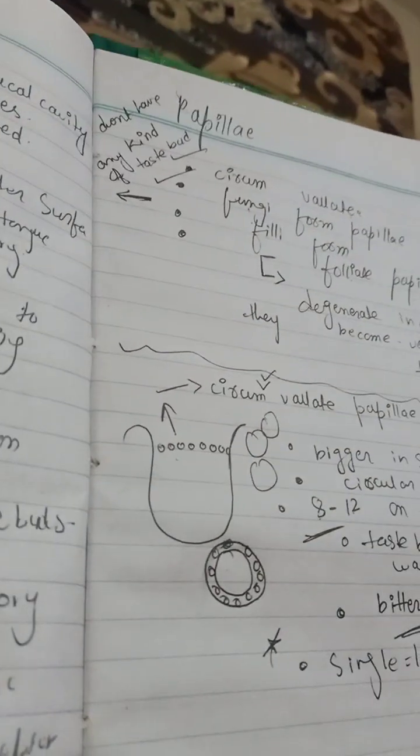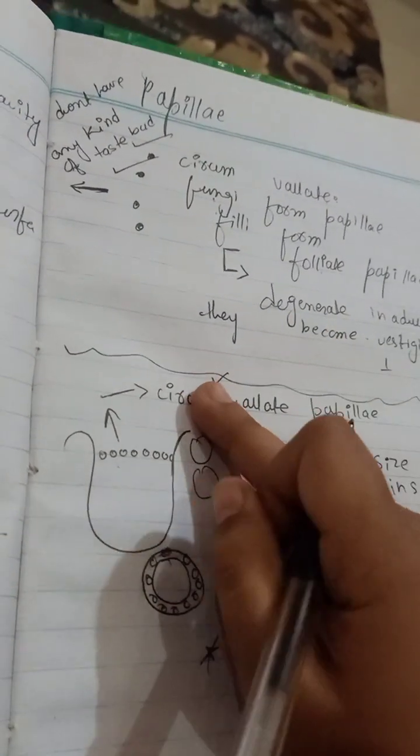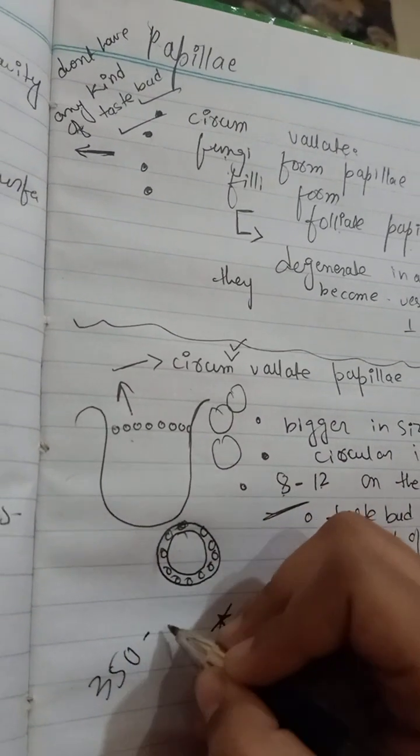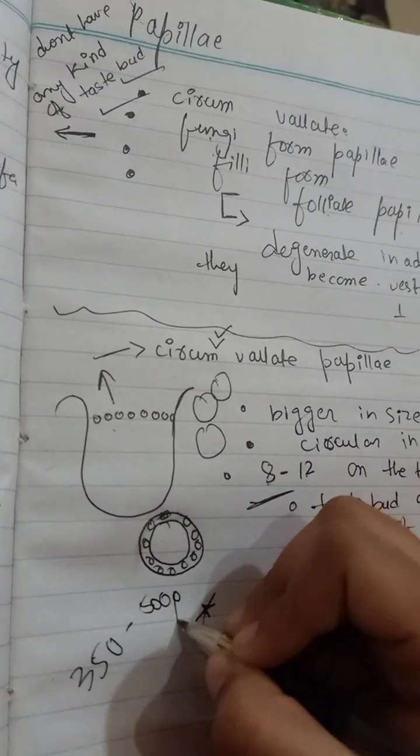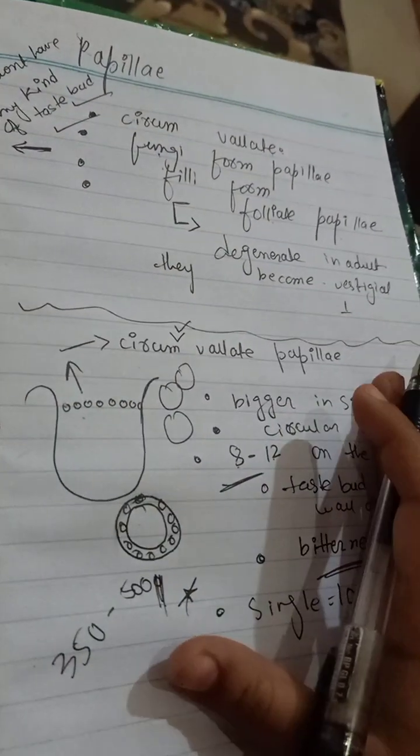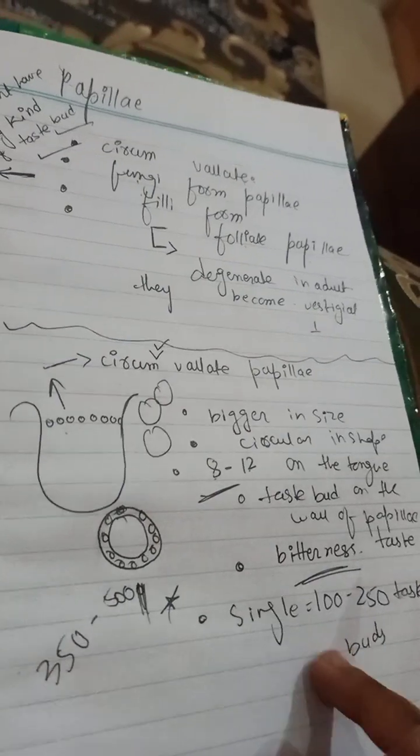And if you're talking about how many taste buds are present in all the circumvallate papillae, that will be 350 to 500 taste buds in all the papillae, and this was in a single papilla.